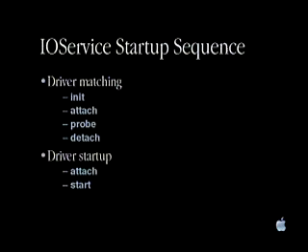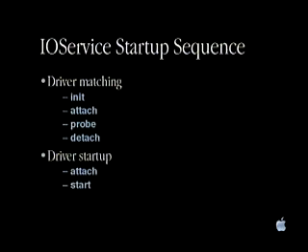This slide shows you which IOKit methods are called during the two-step driver loading process. The first step is when IOKit is looking for drivers for a device. As I mentioned earlier, the probe method is here, which gives you a chance to deny your matching.